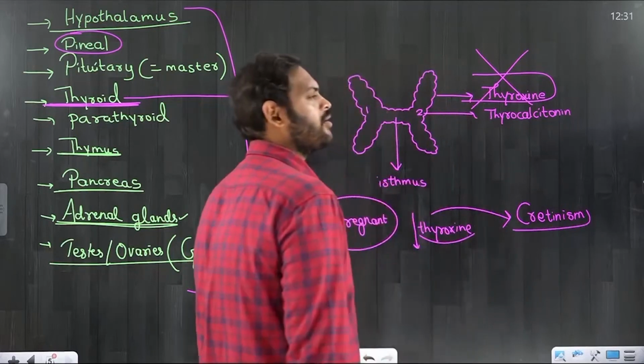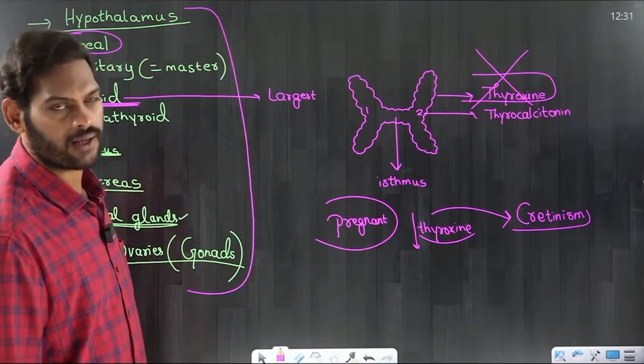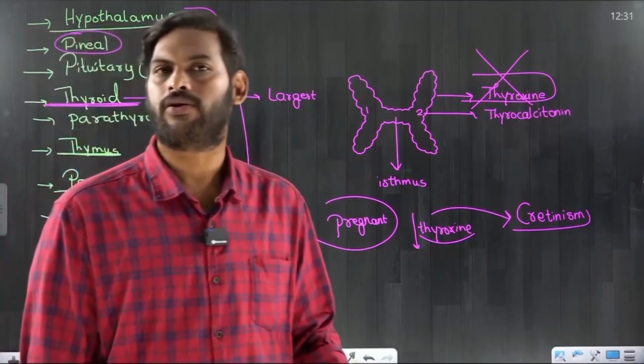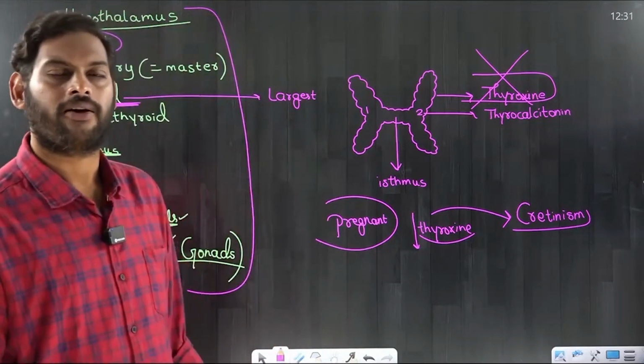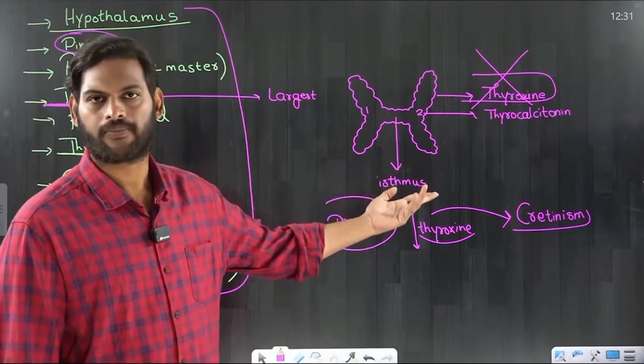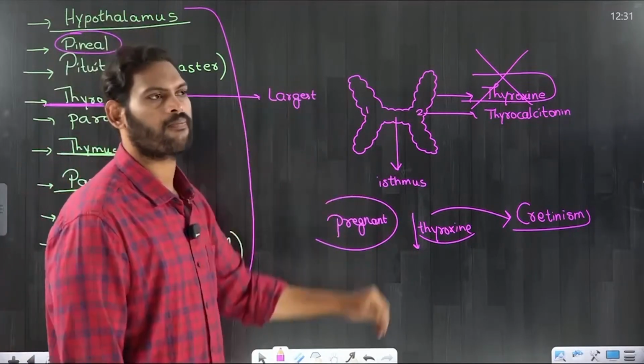That's why we always tell pregnant females to eat properly, eat enough diet, and take salt. Salt has iodine. If you have enough iodine, you may not go through thyroxine deficiency. That was a precaution for pregnant females.